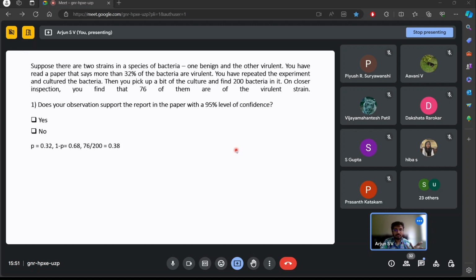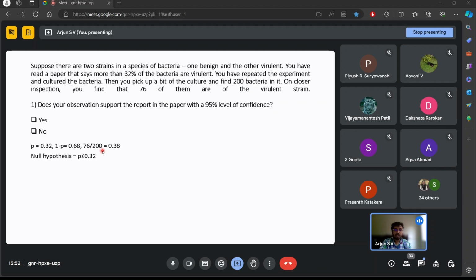For this problem we'll be using the measurement of proportions concepts. From the paper you know that 32% of bacteria are virulent, so your p will be 0.32 and 1 minus p will be 0.68. In your experiment, 76 of 200 bacteria are virulent, so that measured proportion is 0.38.